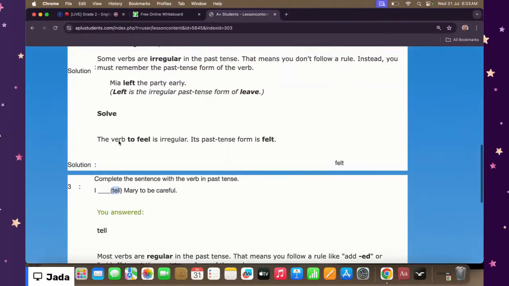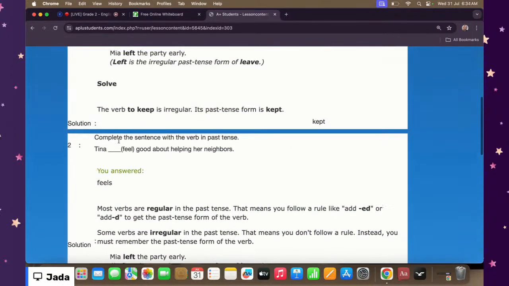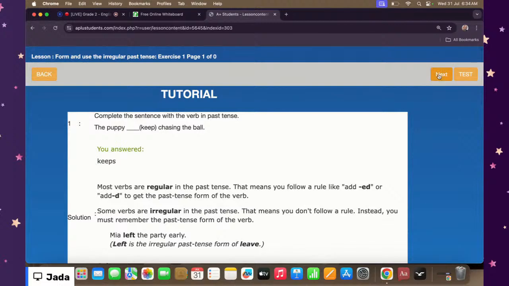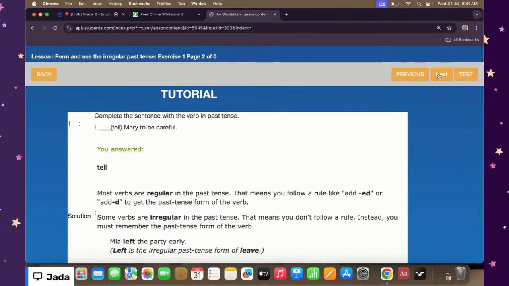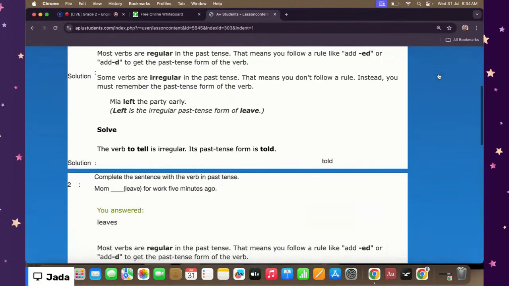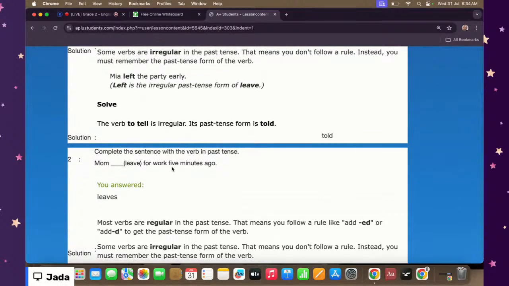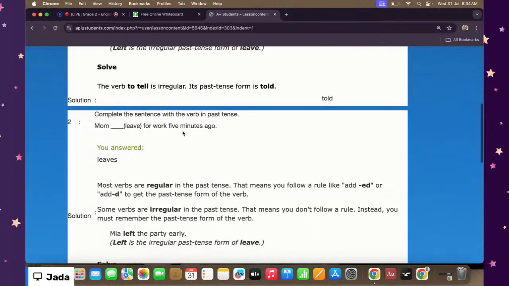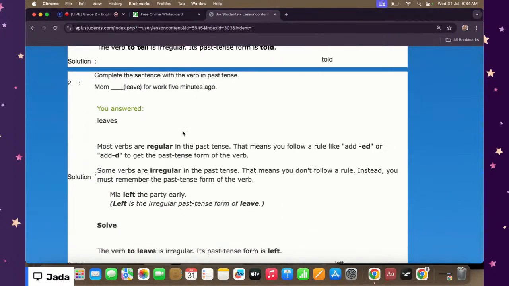Now let's move on. Mom dash leave for work 5 minutes ago. Leave is in the present. You have to figure out the past tense of leave. So mom left for work 5 minutes ago.